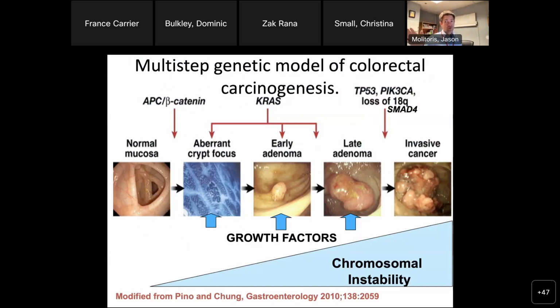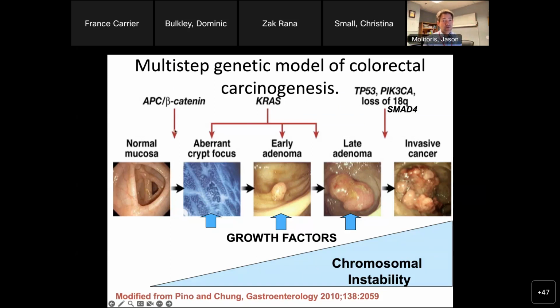This was relatively straightforward to study compared to other things. You have one change that leads to the ability to grow, then another change that leads to increased vascularization, and then another that leads to the ability to metastasize. People have characterized these over time in colorectal cancers, and there are some very stepwise functions that happen.